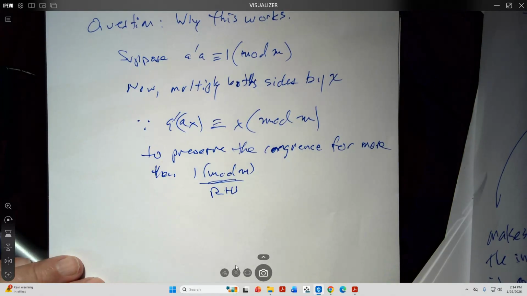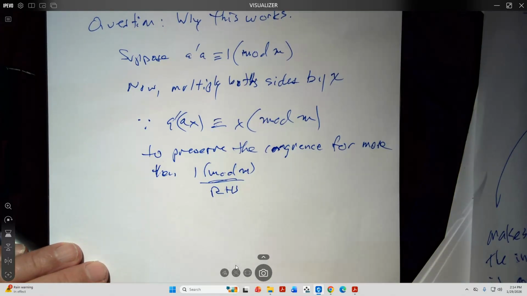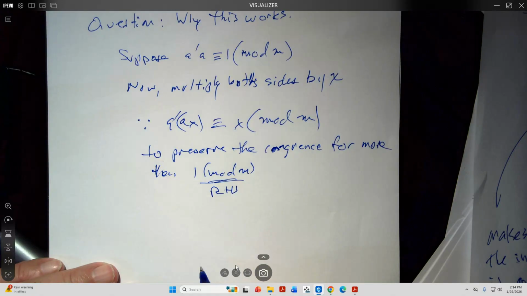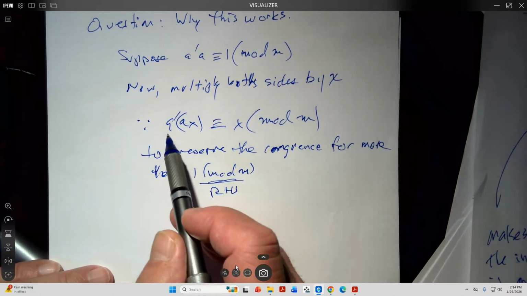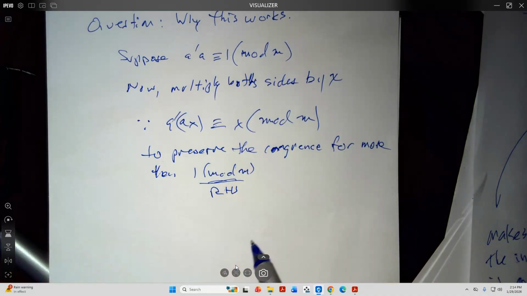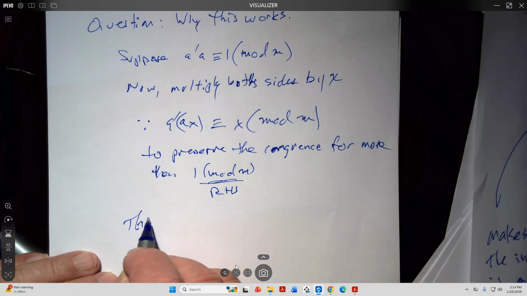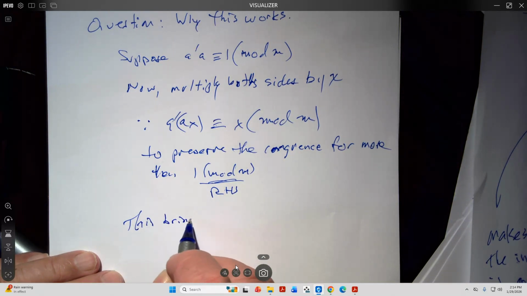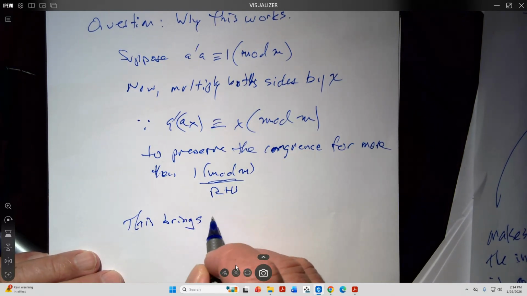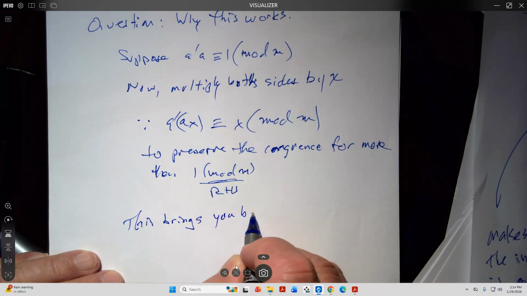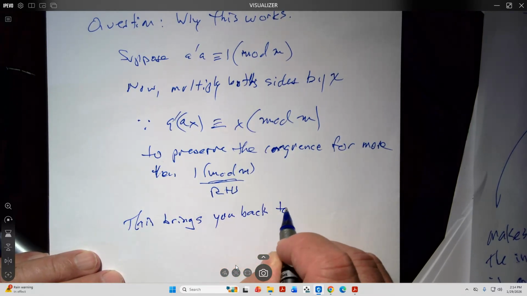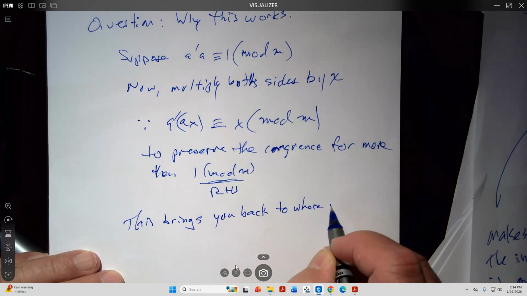So multiply by A prime. By multiplying by A prime, you get exactly back to where you started. That's the whole point. This brings you back to where you started.